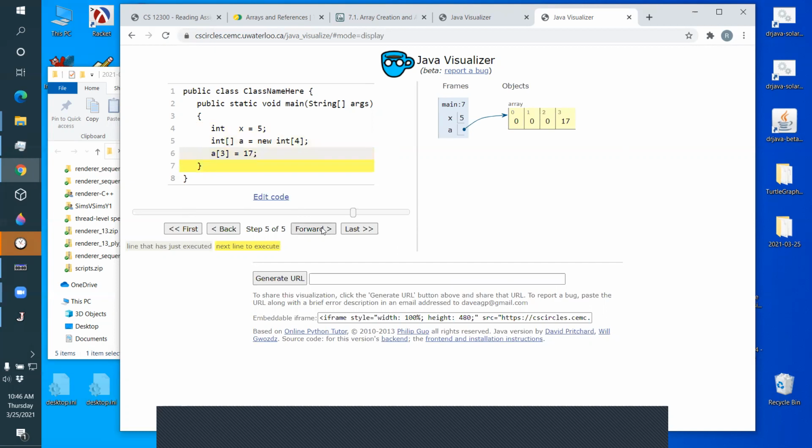Okay, there's the array. Now notice that now it has to show me the whole array, because I put something in slot 3. So now it shows me that the array has got 4 slots, 1, 2, 3, 4, and I made slot number 3 a 17.